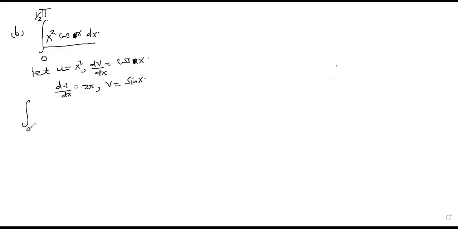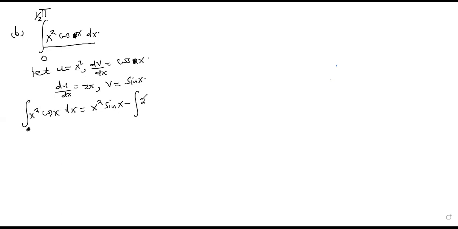Let me first do it without limits. So x squared cos x dx is going to be uv. So it is x squared sine x minus integral of v du dx.